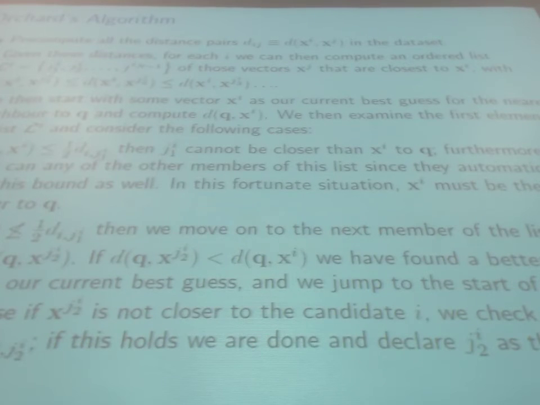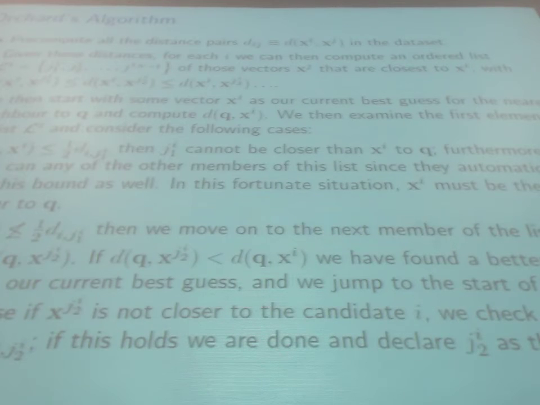That's a really lucky situation: you check this bound, and if this is true, then you're done. You're automatically finished. You can see that we made only one distance calculation, and we automatically know it's the nearest neighbor. So that's the extreme fortunate case.